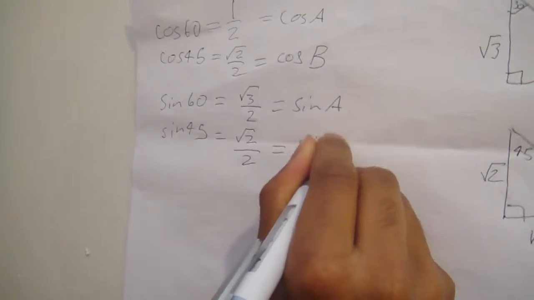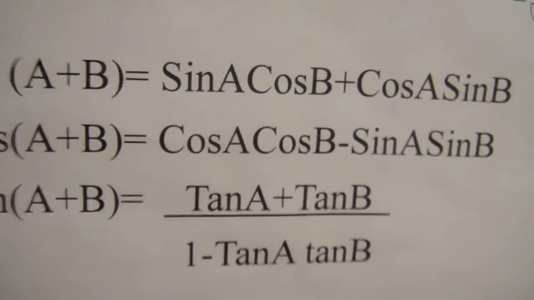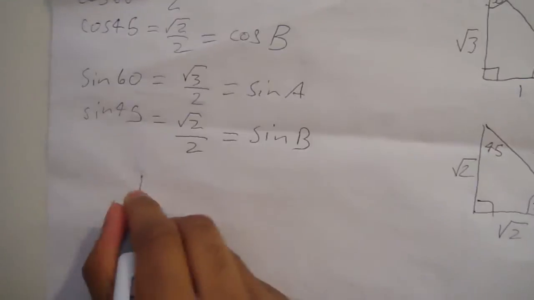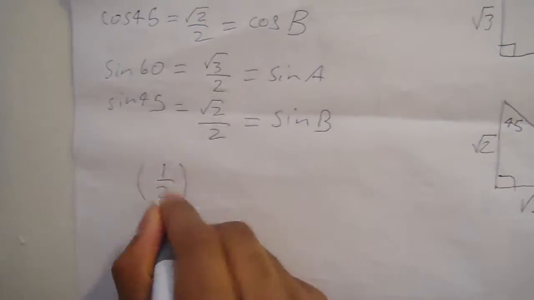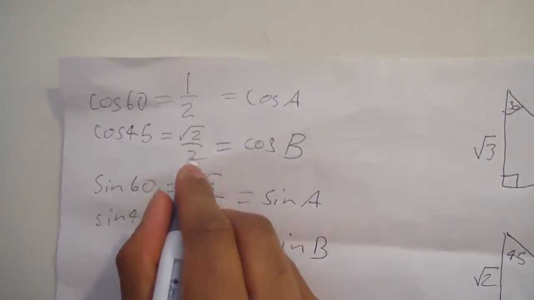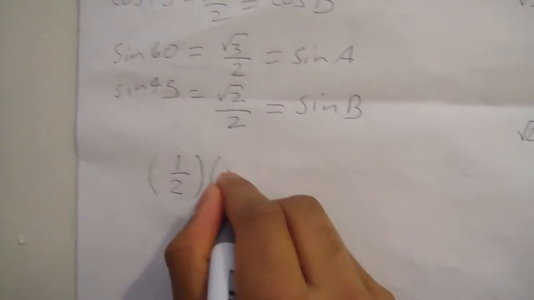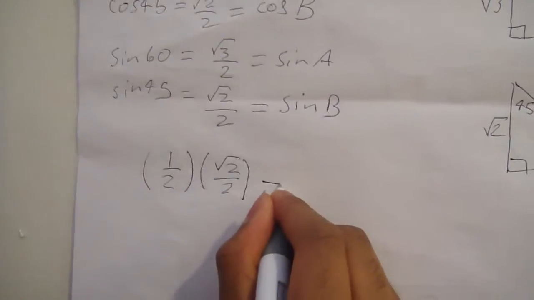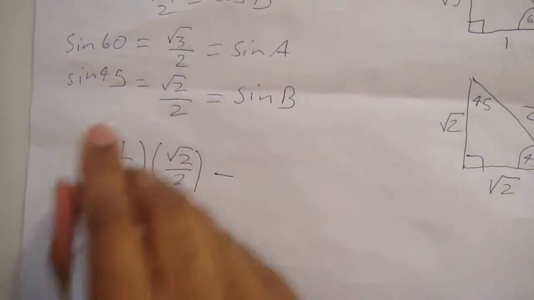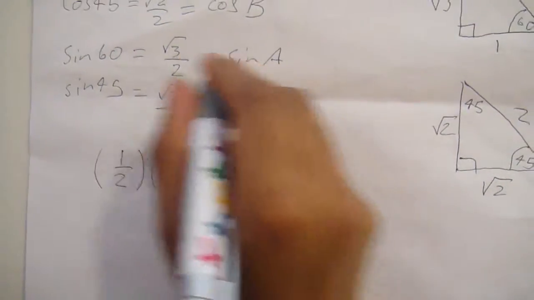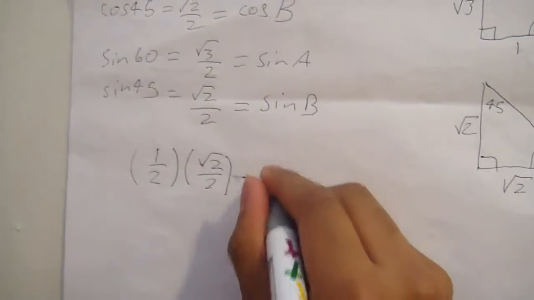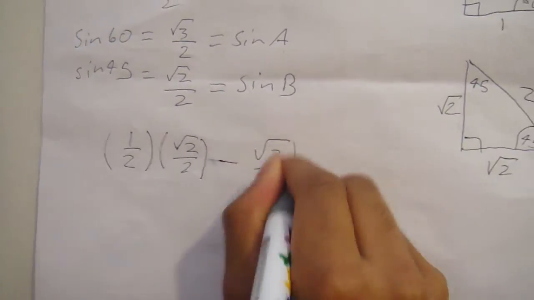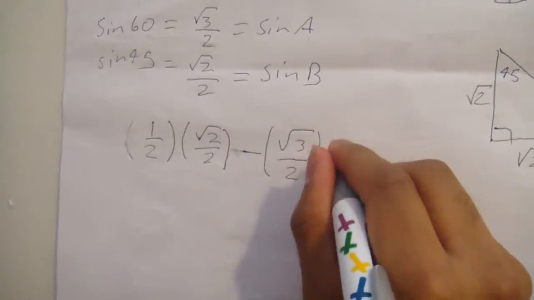Now, let's sub it into our formula. Our formula is cos A cos B minus sine A sine B. So cos A is 1/2, cos B is square root of 2 over 2, and sine A is rad 3 over 2 times sine B, which is rad 2 over 2.